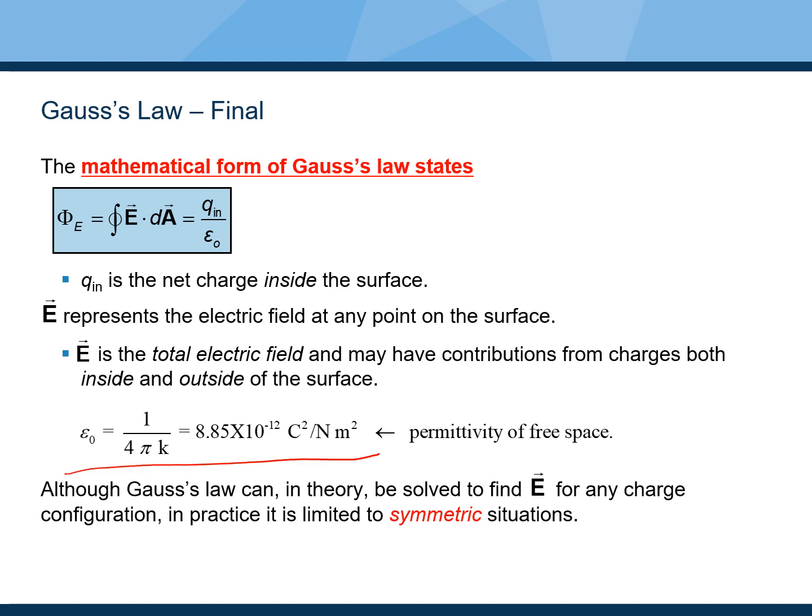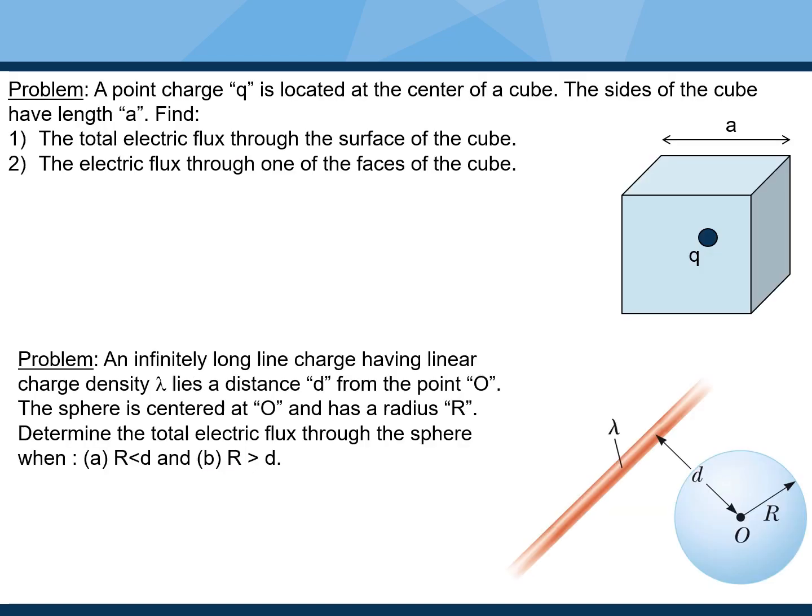So with this, we're ready to close out this section after this transparency. There's an interesting problem here, which says that this charge Q is located at the center of this cube. The question asked of you is, find the total flux through the surface of the cube.